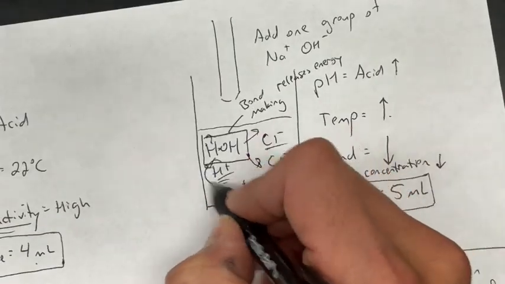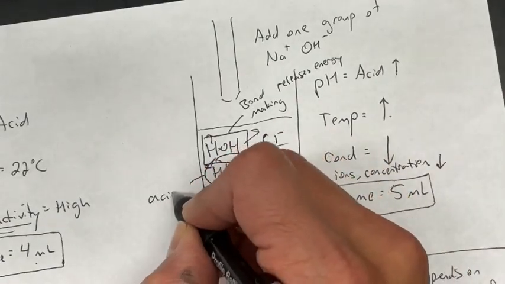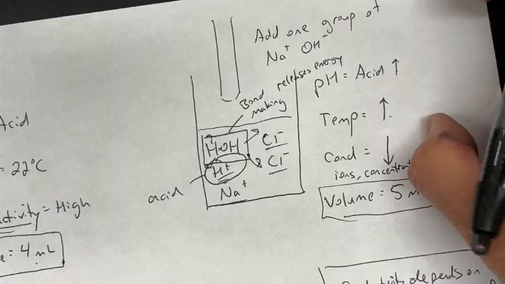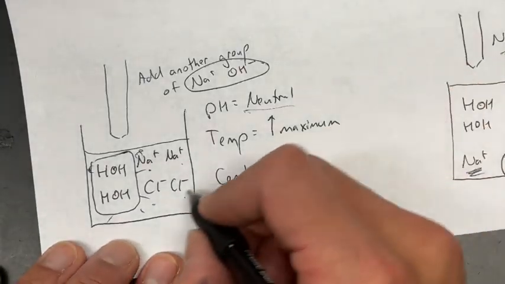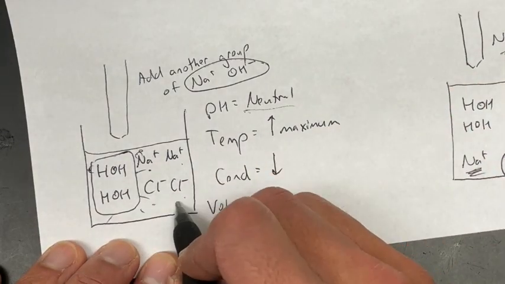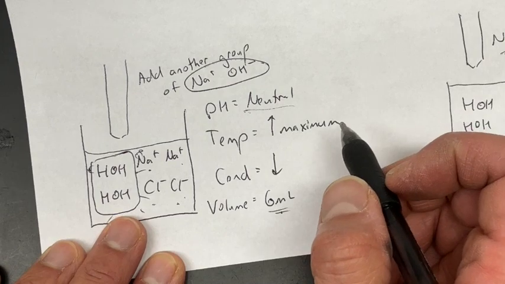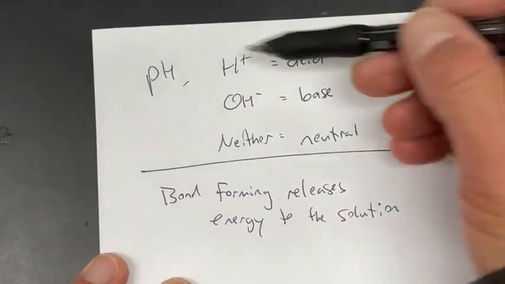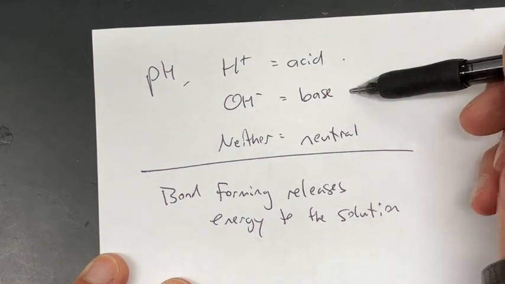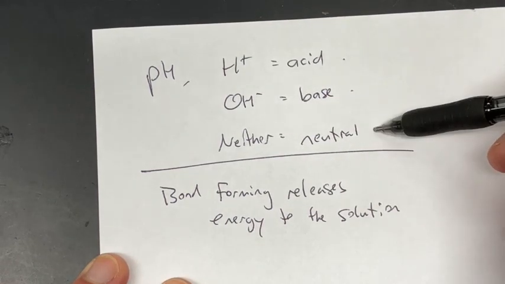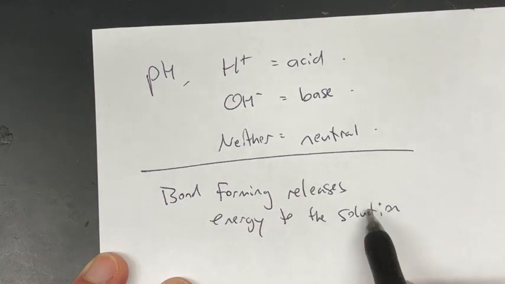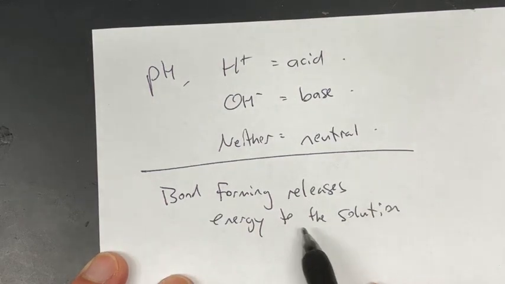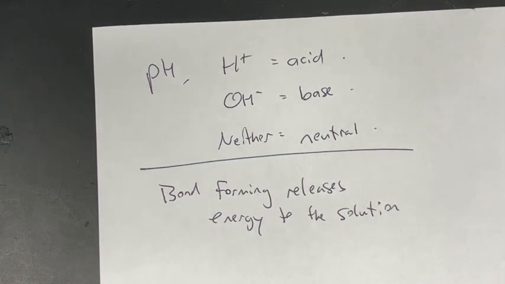If I have H+, it's an acid. And if I have neither, it is neutral. So here's my final notes. H+, acid, OH-, base, neither, neutral. And remember, bond forming releases energy to the solution. That's going to raise the temperature of the solution.